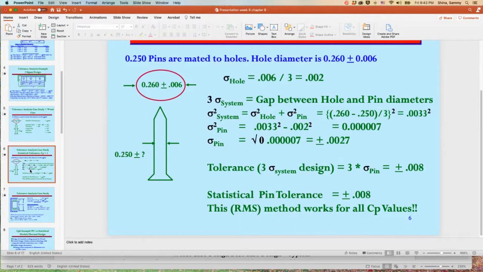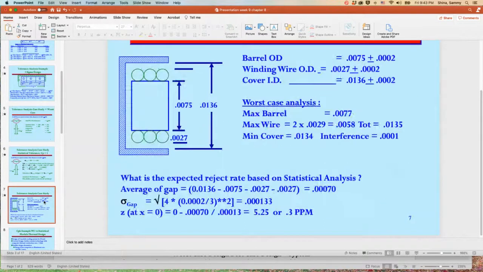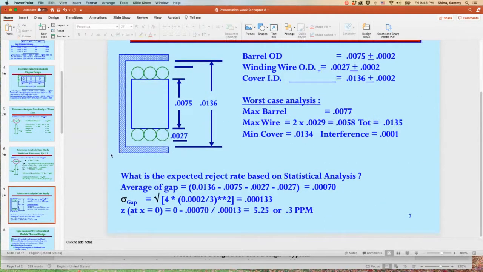So statistical tolerance analysis is essentially translating mins and maxes to numbers of sigma, which allows for much easier specifications to meet, easier tolerances to meet.